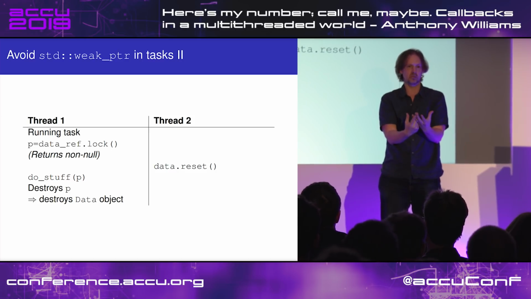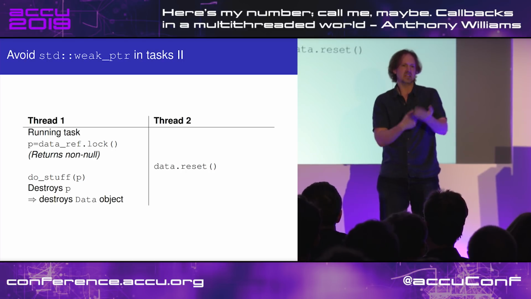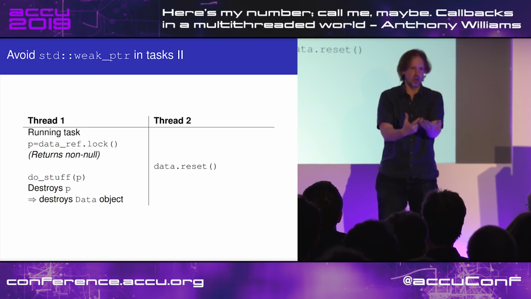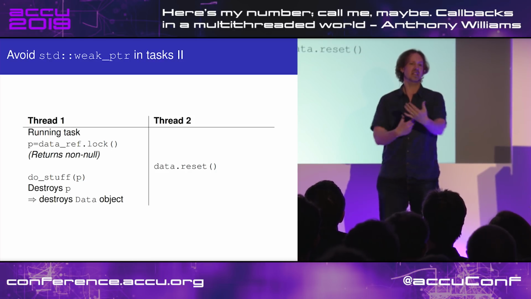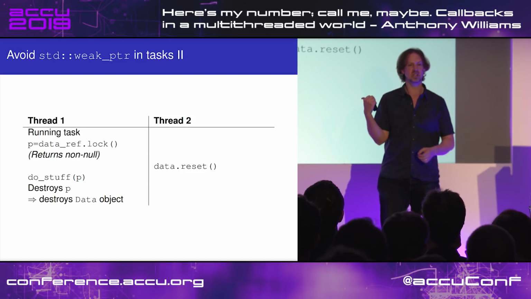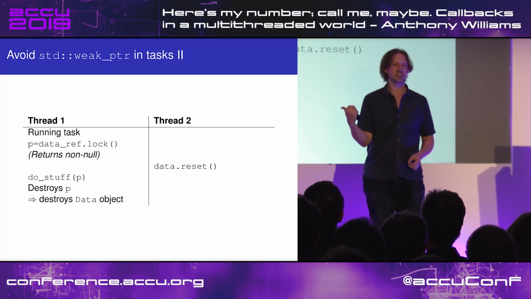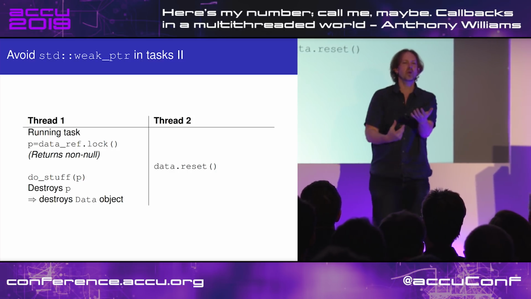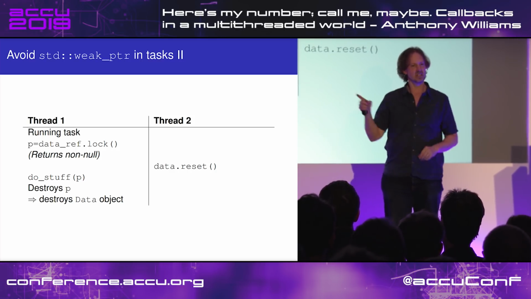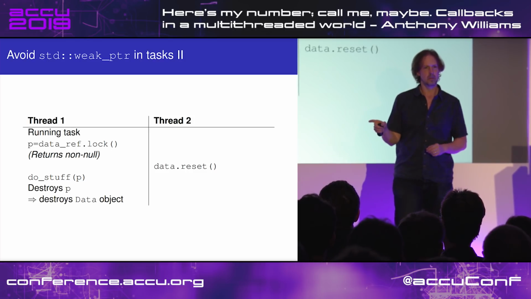I've got a shared pointer object, and I know I own a real reference, and at some point I might be the last one. You're taking that on up front. With weak pointer, it's not immediately obvious that you're doing that, because you're thinking, oh well, if the shared pointer's gone away, I won't get an object and I can't do it. But it's the race condition that catches people out.